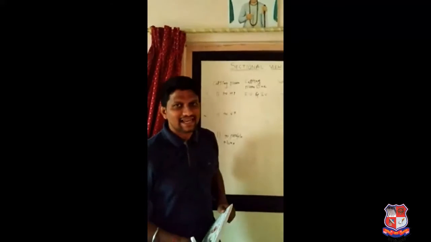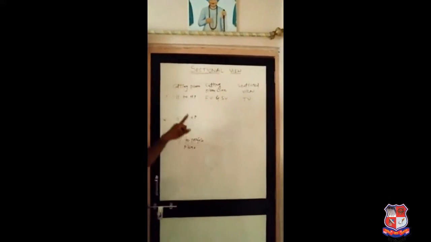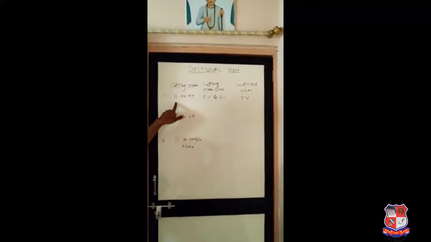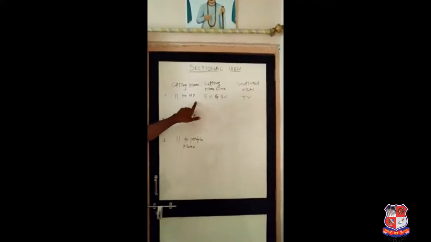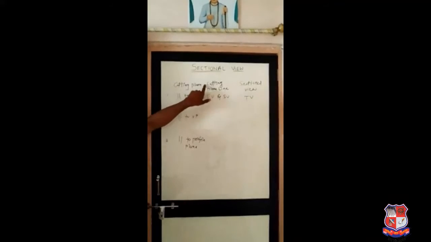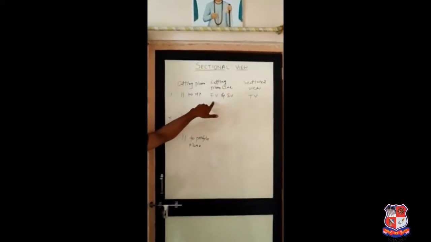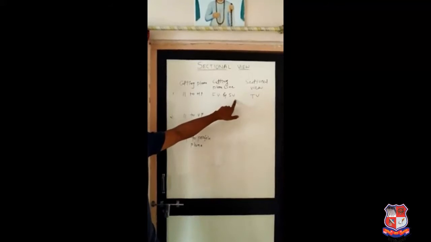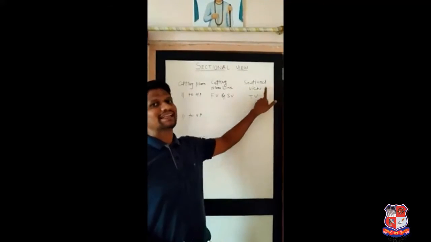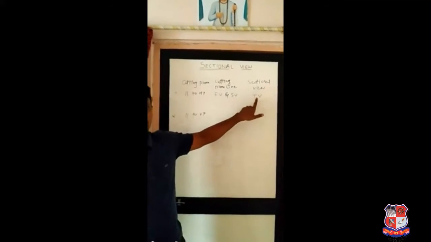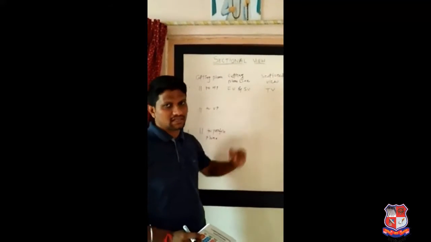So in the first case, when we cut the object with a cutting plane parallel to the horizontal plane, the cutting plane line is visible from the front view and side view, and the sectional view obtained is known as a sectional top view. The top view is going to be the sectional top view.